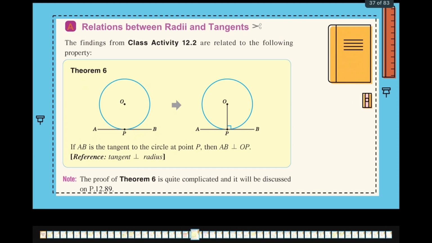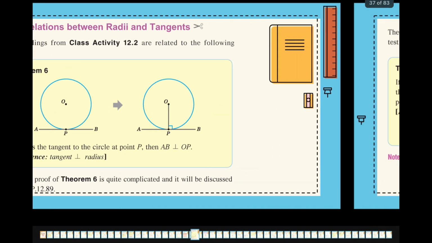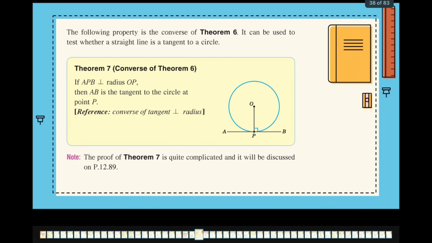The theorem we're going to learn in this part is: if AB is the tangent to the circle at point P, then we can always say that AB is perpendicular to OP. The reason for that is the tangent is perpendicular to the radius. Of course, we have a converse of this theorem as well.